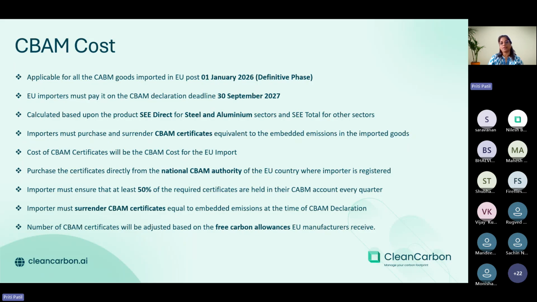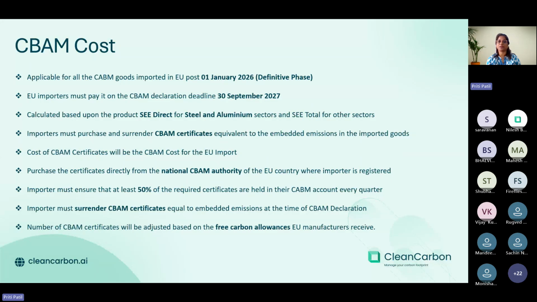So whatever carbon emissions are done because of these products, the entire amount is not charged as a CBAM tax. Some free carbon allowance is available for EU manufacturers. This kind of tax is already in place in EU as part of the EU ETS system.